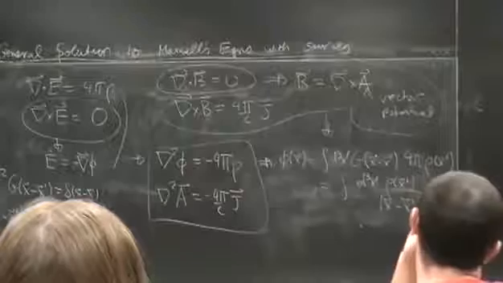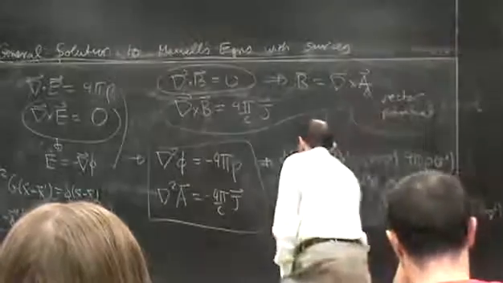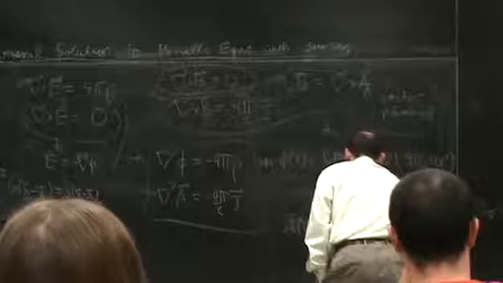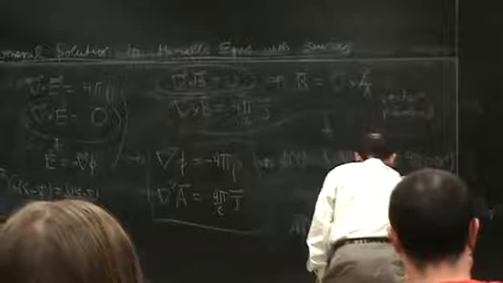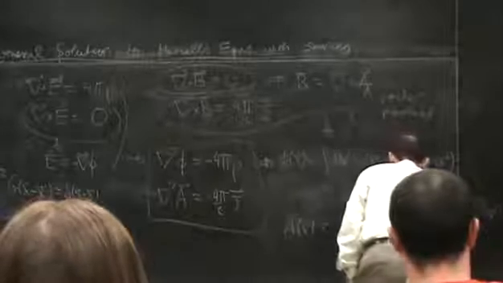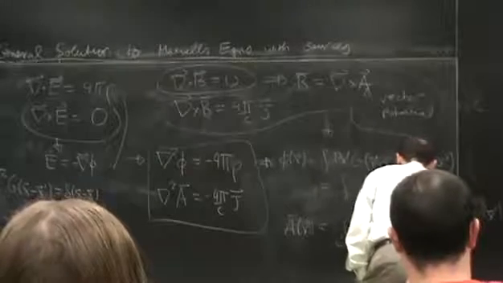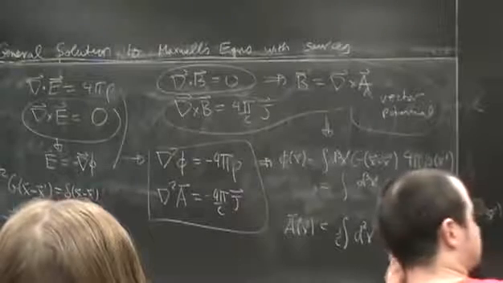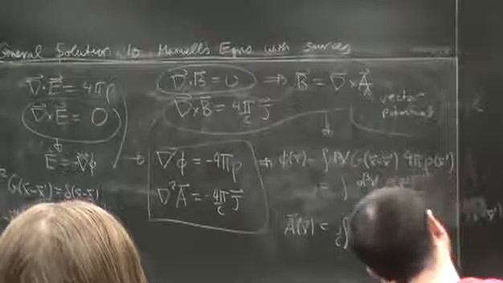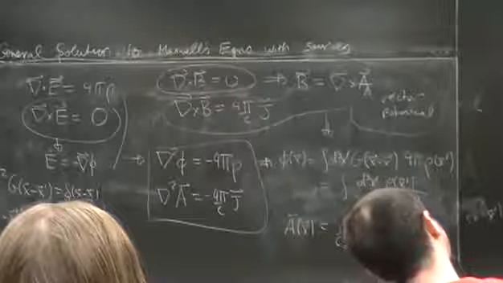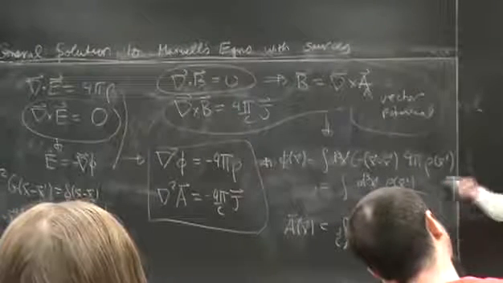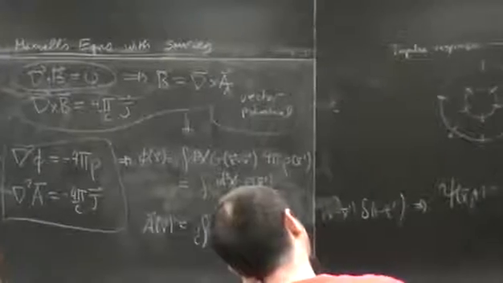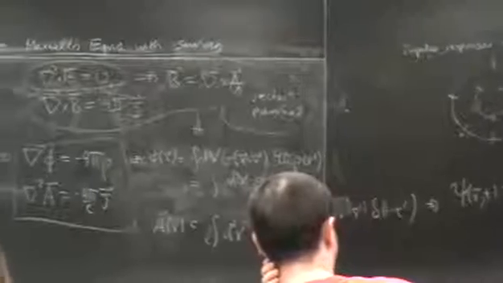And similarly, when you do that convolution for this choice of gauge, we have that solution for the effective potential. So that's the formal solution to Maxwell's equations in statics. And this is just another statement of Coulomb's law and the Biot-Savart law, written in terms of potential.